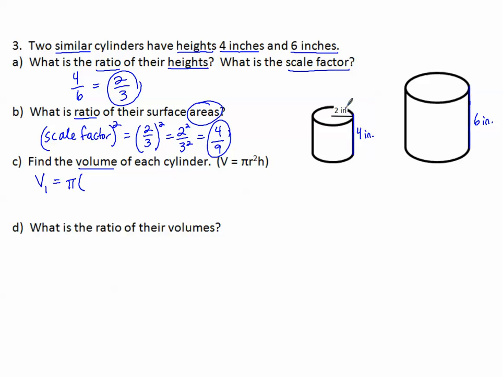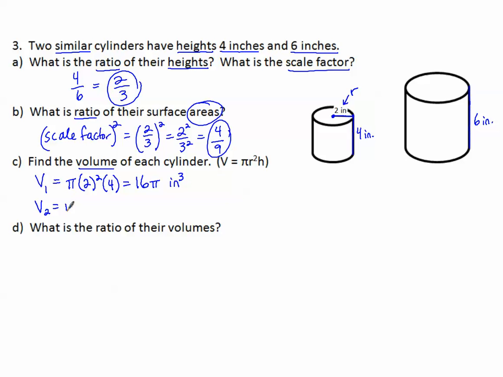The radius is the distance from the center of the circular cylinder to the edge. So that's our radius right there, 2 squared. And then the height says 4. So 2 squared is 4, 4 times 4 is 16, and we'll just write 16 pi. These are inches, so inches cubed.